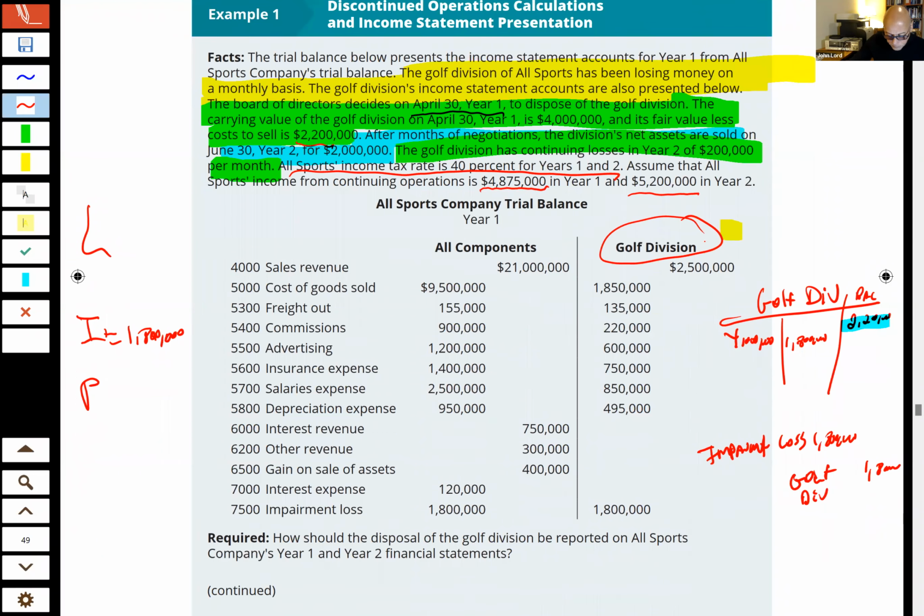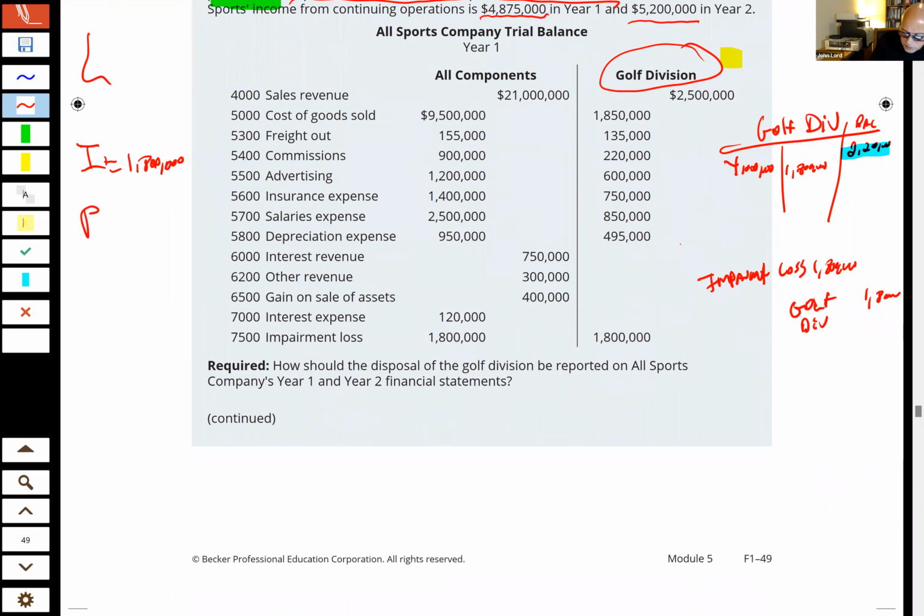Okay. Now, if we were preparing the income statement, and I'm not going to worry about all this detail, guys, because I don't want to sit here and spend 3 years trying to prepare a full multiple step income statement. But we know we'd have our revenues, our expenses, our gains, our losses, and then we would have our tax, and then we'd have income from continuing ops.